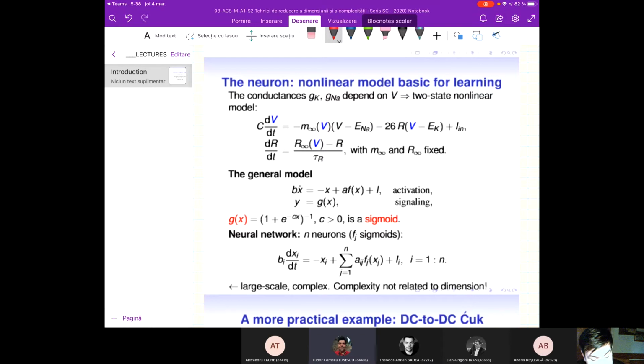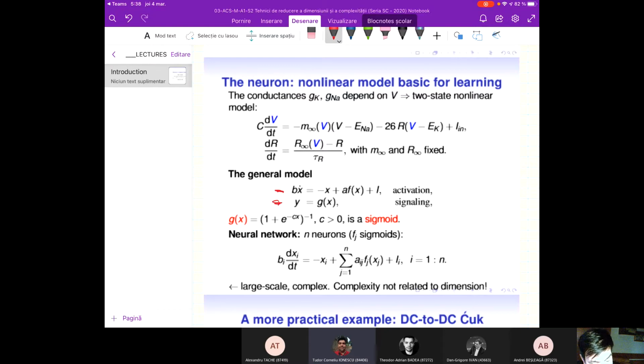So you've got here a two-state nonlinear model with two states V and R. These are the variables of the differential equations, the unknowns which need to be computed, with the two quantities M infinity and R infinity fixed. Now, manipulating this model, you can get a so-called general model to emphasize the two processes, activation and signaling.